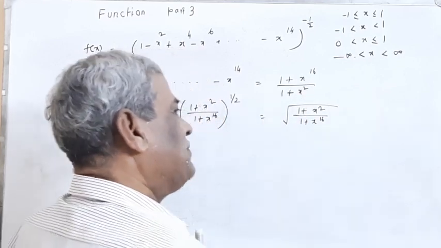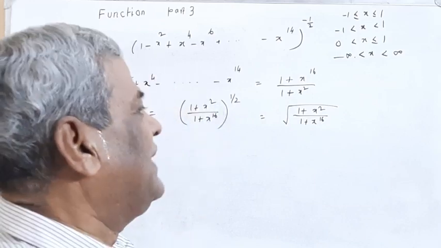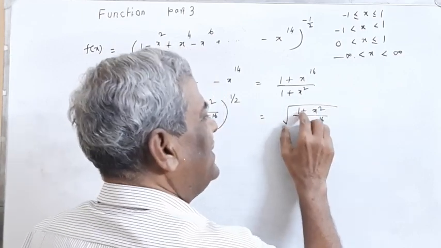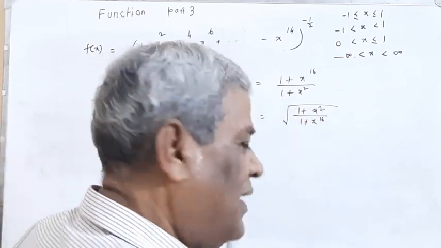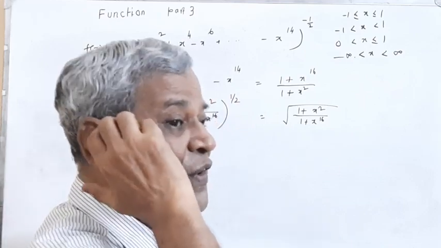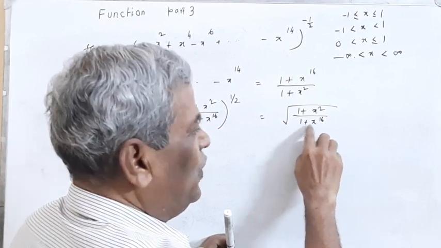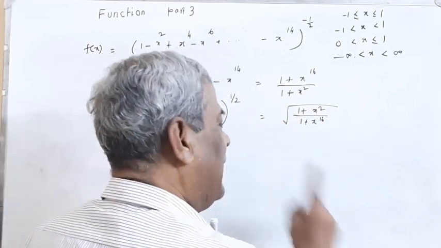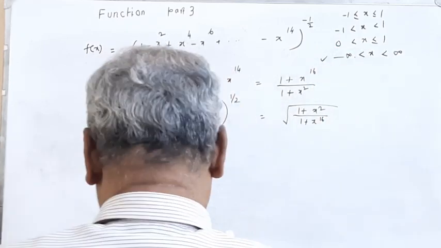So the algebraic function is defined everywhere for finite value of x. This is positive, all are positive, so root of positive is defined. Second thing, we have to see whether it becomes infinity or not. It would be infinity if the denominator becomes 0. So no chance is there because 1 plus x to the power 16 cannot be 0. So for all finite value of x, this is defined. So this is the correct option.